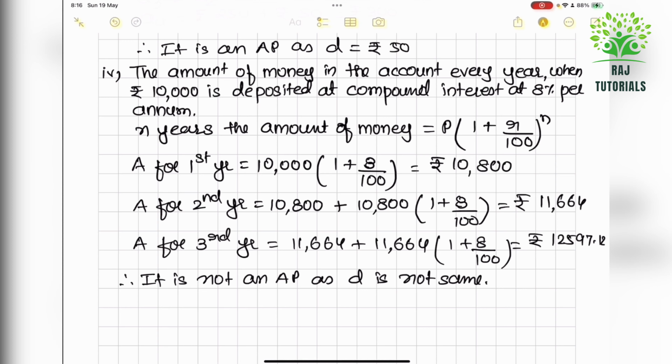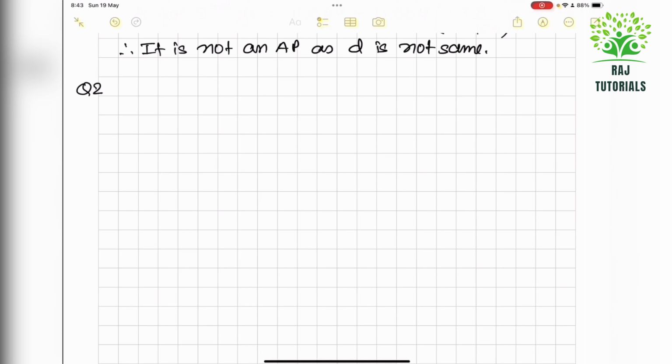Now, question 2 says, write first 4 terms of an AP when the first term A and the common difference D are given. So, first one is A equal to 10, D equal to 10. So first term A1 will be 10, A2 will be A1 plus D, that is 10 plus 10, so 20.